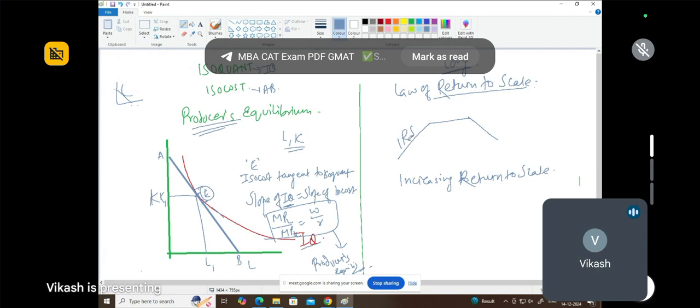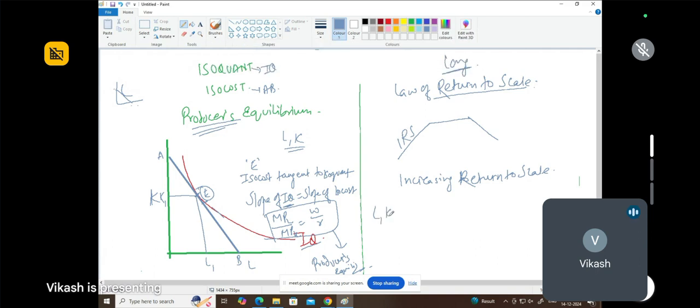It means whatever labor and capital inputs they utilize in the production process, they get more in return. As simple as that. The expansion process of a business is only because of IRS.